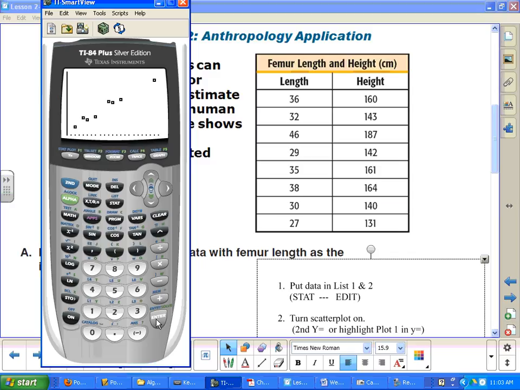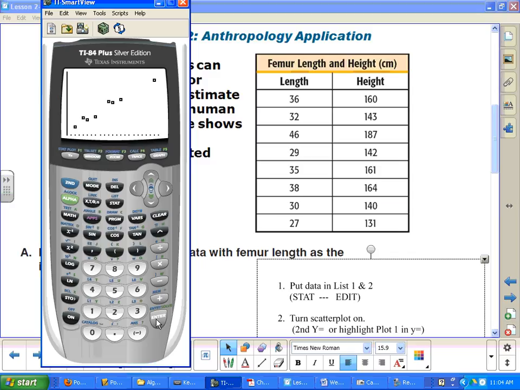I don't know what I did over here. Okay. All right, so now press Zoom 9. There you go. Okay, great.